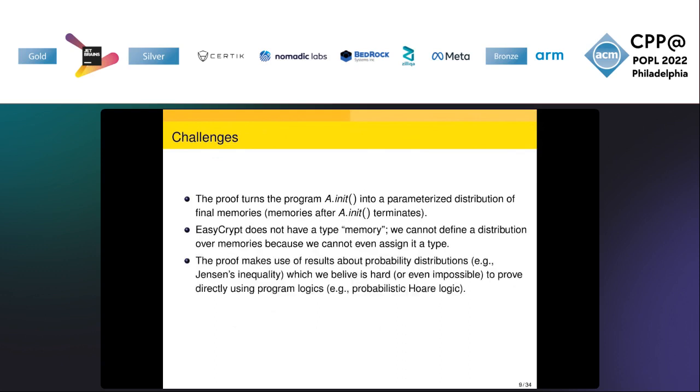Moreover, the proof makes use of results about probability distributions, for example, Jensen's inequality, which we believe is hard or even impossible to prove directly using program logics. Finally, it is not immediately clear how one can generically specify the interface of rewindable programs, which can return their own state.